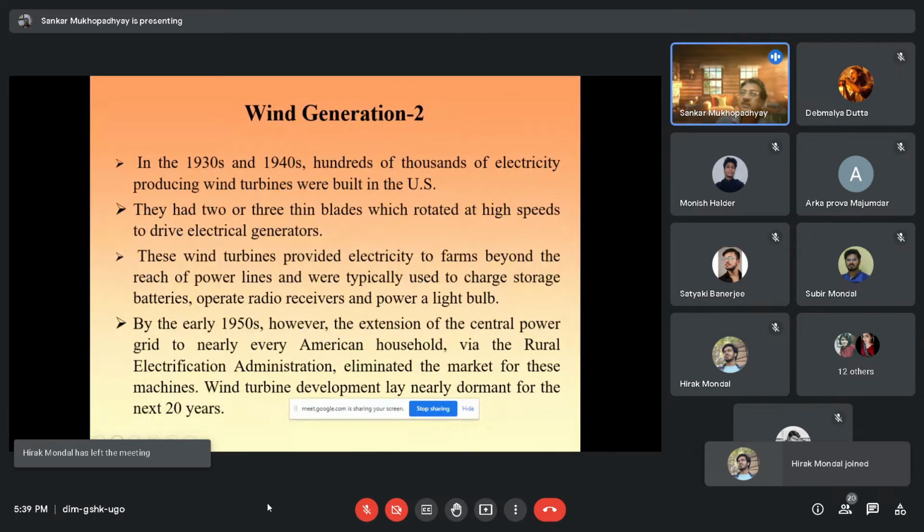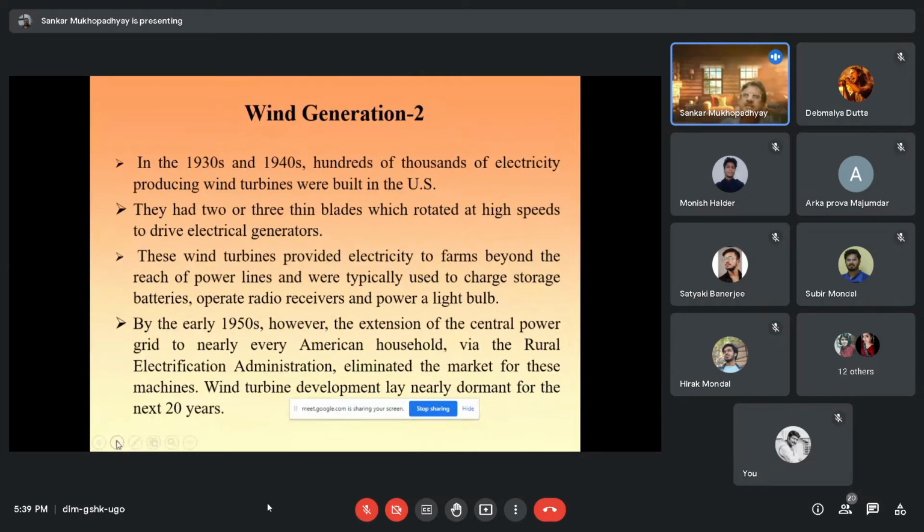These wind turbines, particularly if you consider the USA, it's a very large country. So at that time, the concept of distributed generation was not what it is today, but distributed generation was a point of consideration.